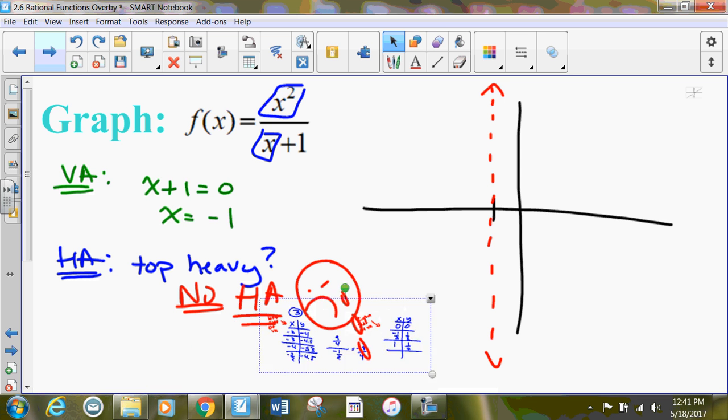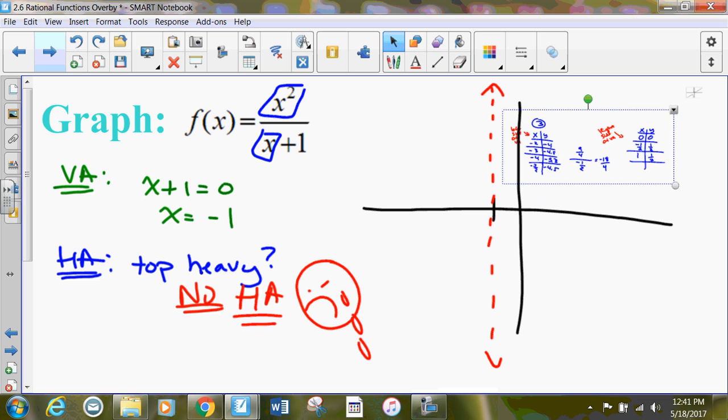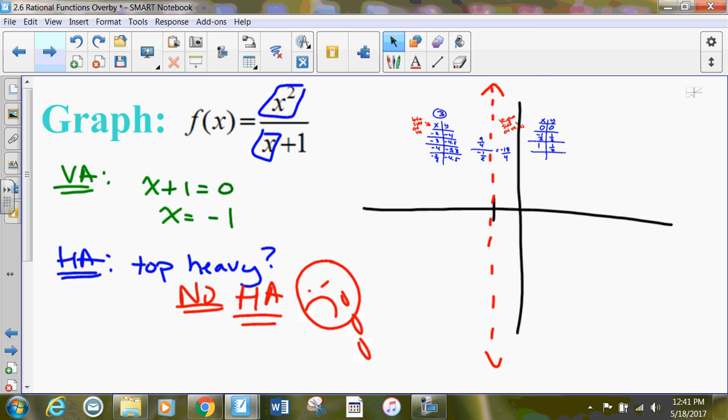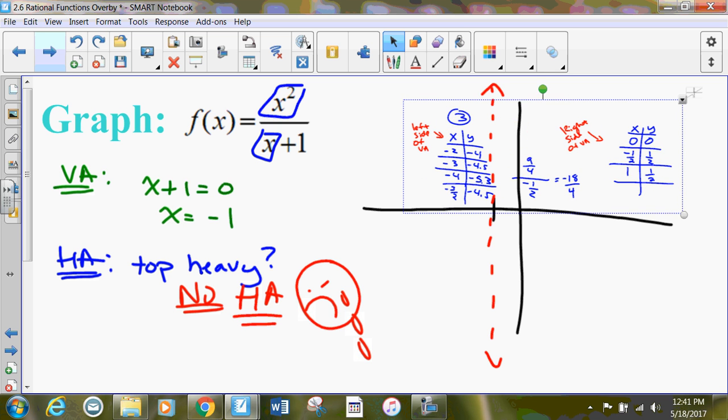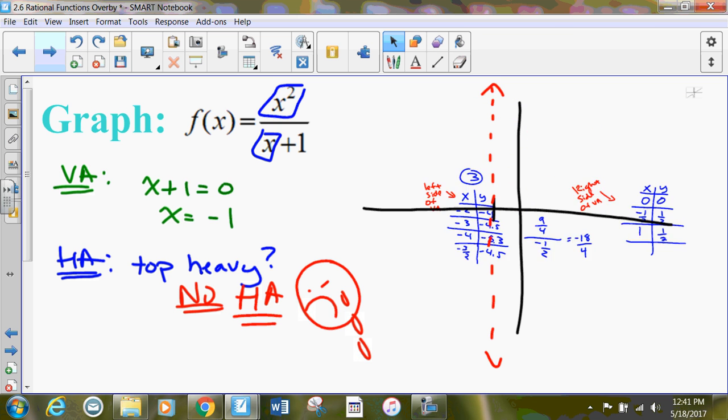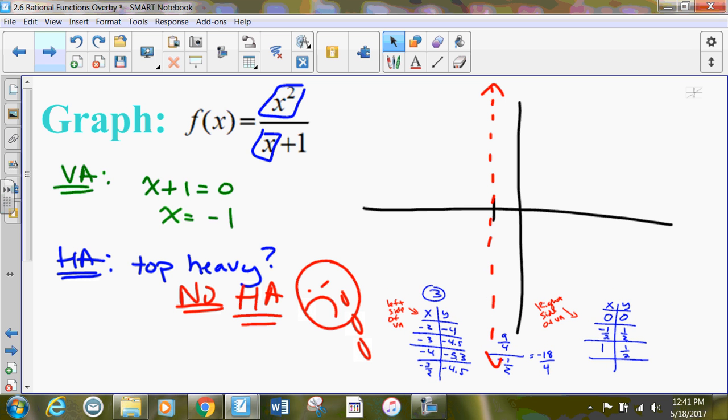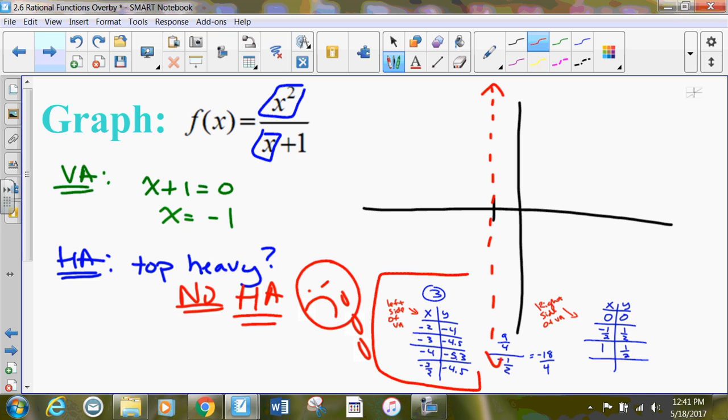So I brought along my table so I didn't have to waste our precious video time plugging these in. Let's move the table so we can see. As you can see, this part is the left side of my vertical asymptote. Let me put in some tick marks so I can get a sketch.